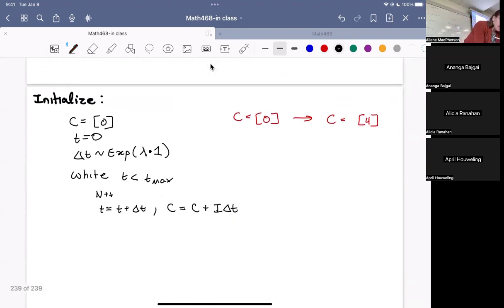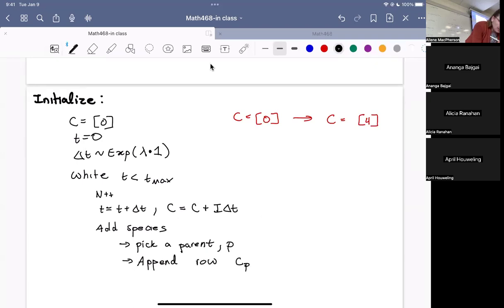And then I create a speciation event. So I add a species. And I do this by picking a parent. I randomly pick a parent P. Then I append row C_P, and I append column C_P. So I pick the parent and I copy and paste the parent's row and column to the matrix.